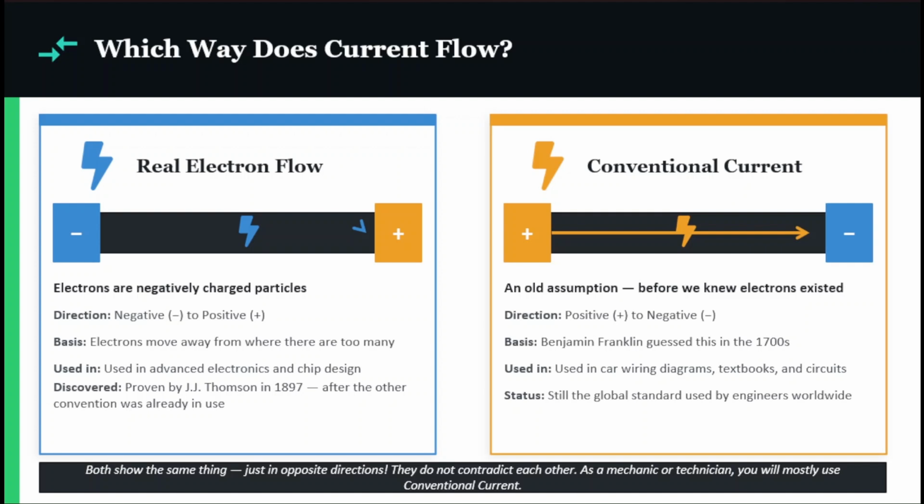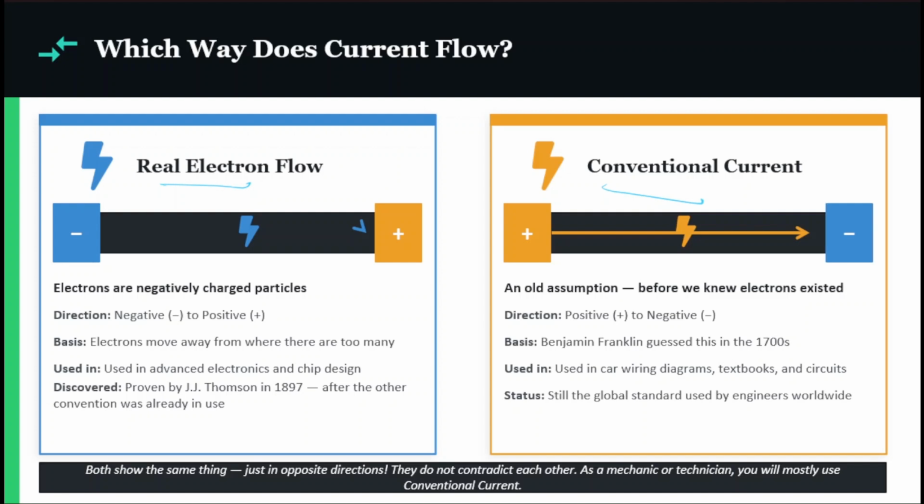The answer is there are two theories for electron flow. One is conventional current flow, another is the real, actual flow. Conventional current flow was derived by Benjamin Franklin. He was thinking that the flow of current is from positive to negative, since electrons had not been discovered at that time.